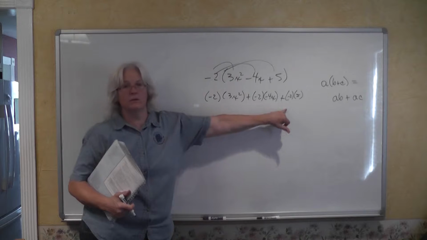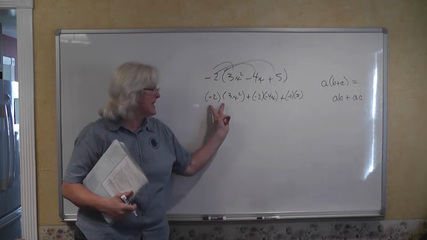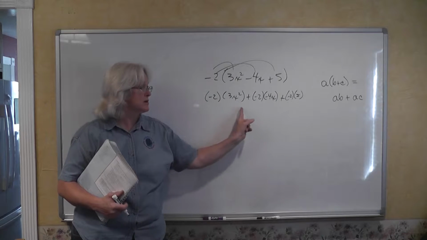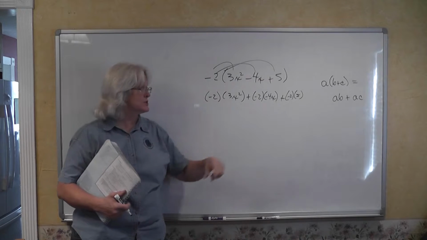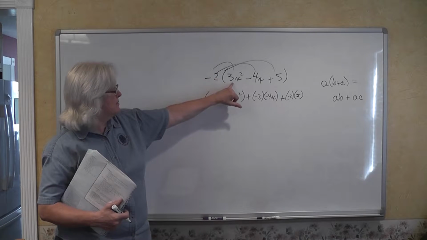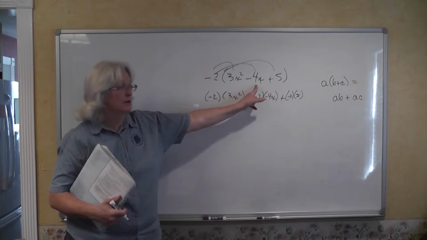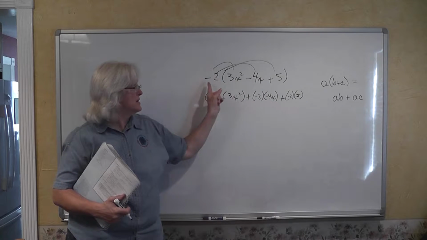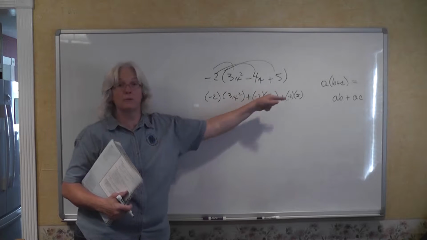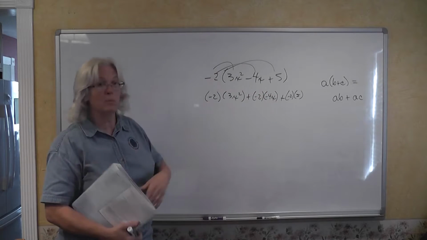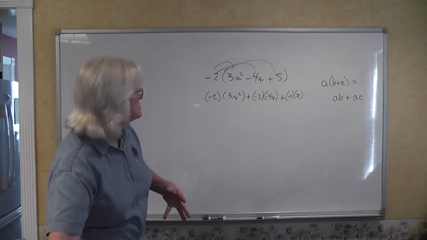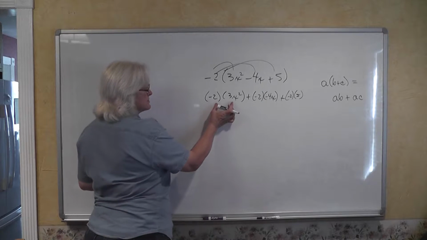Our products of our pairs of factors are separated with an addition sign. Negative 2 times 3x squared plus negative 2 times a negative 4x plus negative 2 times a positive 5. We multiply these out. This is the associative property that lets us multiply.